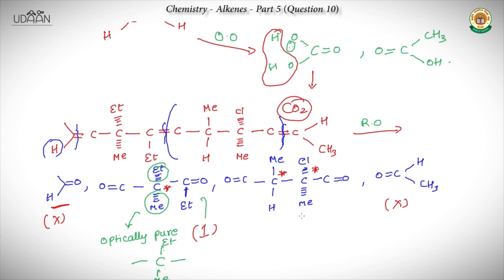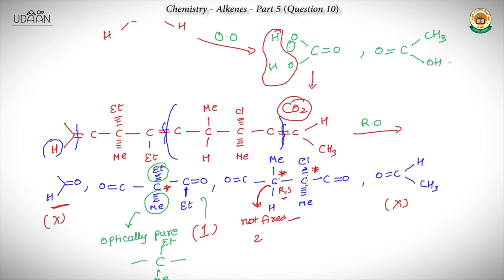Now come back to this compound. You have two chiral carbons, and if you take this one, its stereo is not fixed. As you can see, you have given just dashes for Me and H, so they can exist in R and S configuration. As a result, two structures are possible from this carbon.